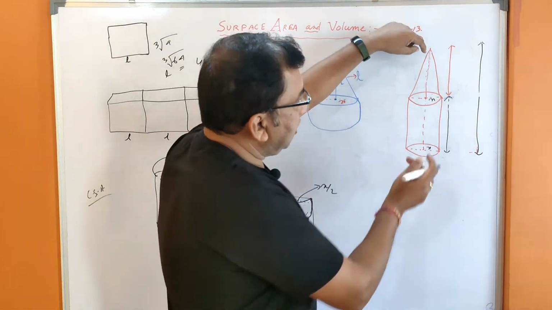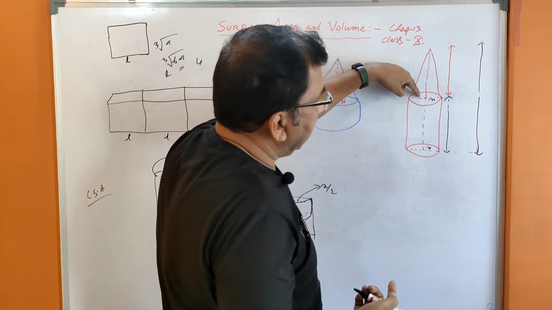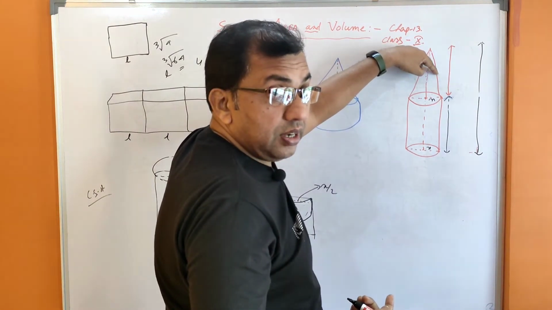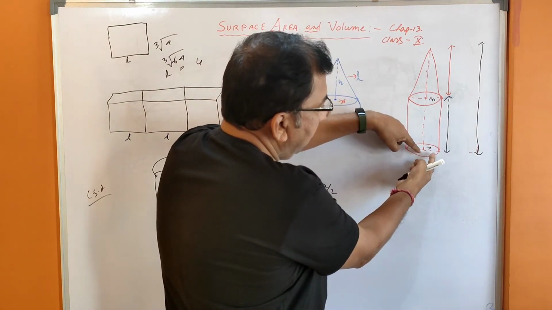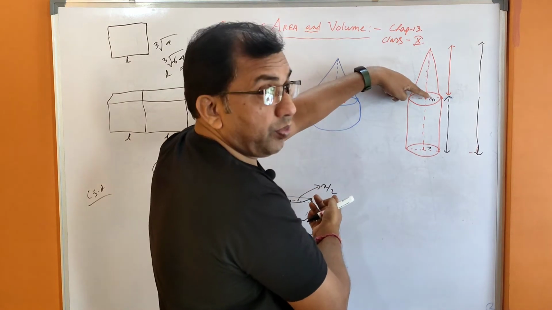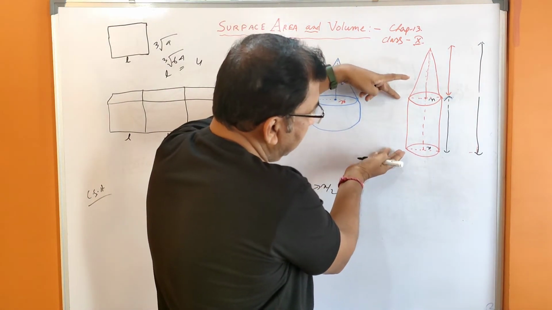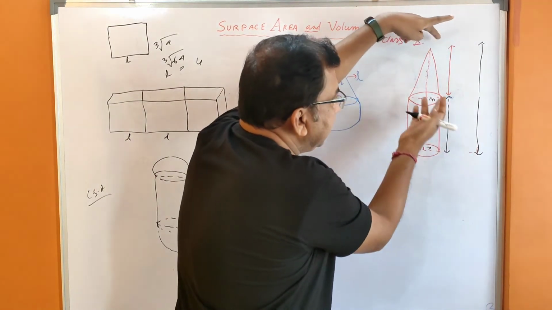Suppose this height will be given. This height is the vertical height, this is the slant height, and the height of the cylinder will be given. The radius of the cylinder and the radius of the cone will be the same. So you have to find out this height. Suppose the total height is given, and this height is given.